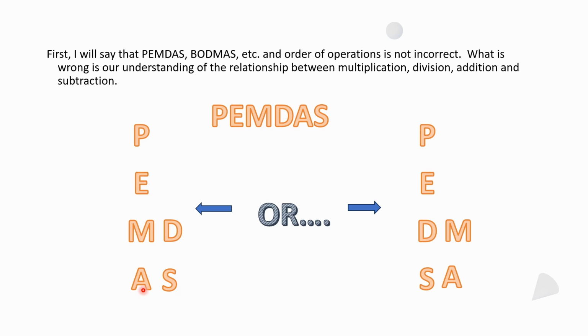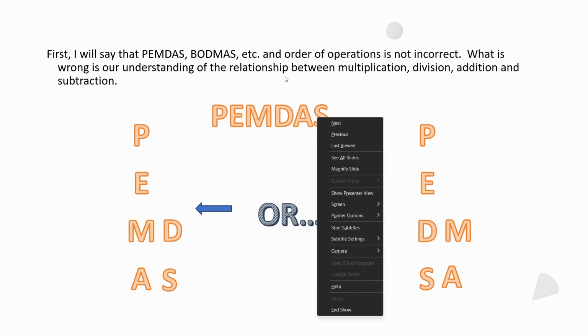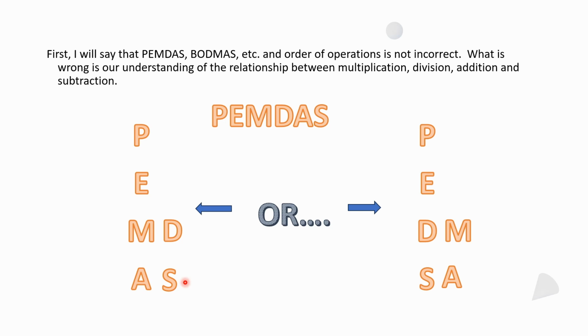I'll actually see people try to tell me that you must do addition before subtraction because the A comes before the S. And that's the only reasoning that they have, because they don't understand that subtraction is nothing more than adding a negative number. That's what subtraction is.